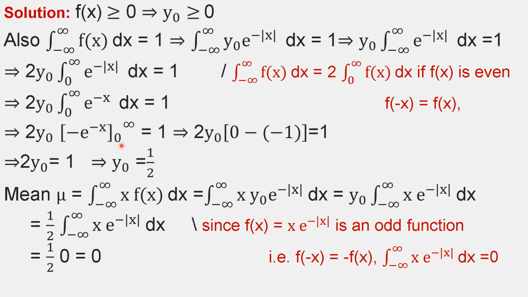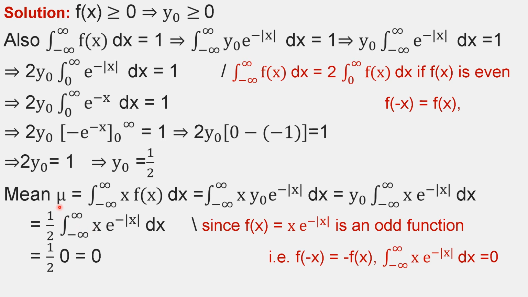Minus, at the lower limit, e power minus 0, minus of e power 0, minus of 1. So 0 minus of minus 1, 0 plus 1 is 1, bracket is 1, 2y naught into 1 is 2y naught. So we get 2y naught equal to 1, or y naught is equal to 1 by 2.